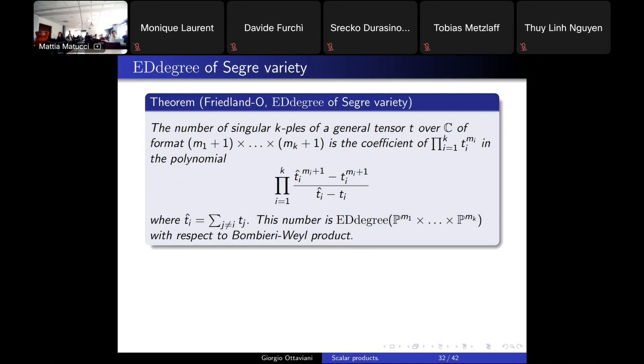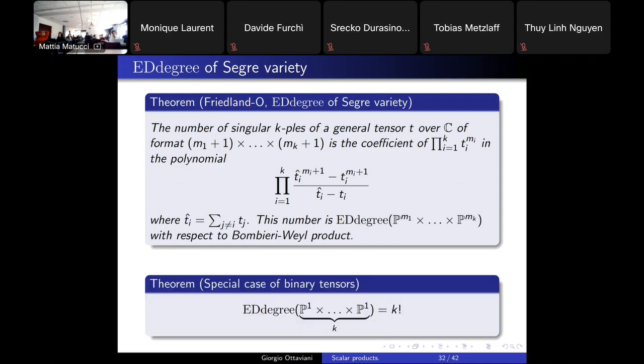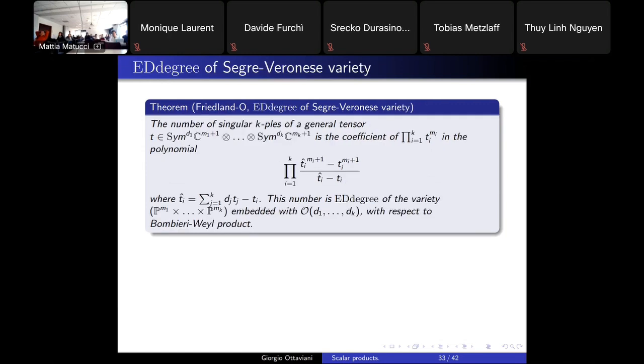Let me say a few things. In the binary case, this formula simplified is just the factorial. And there is a generalization to the Segre-Veronese, where the multiplicity also appears. Maybe now I skip because I have not enough time.